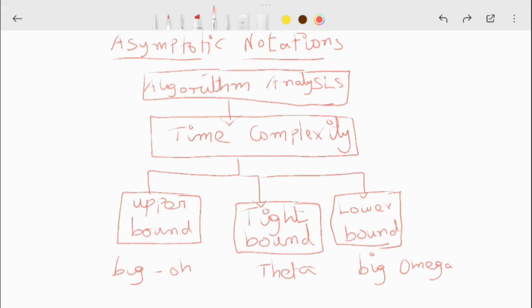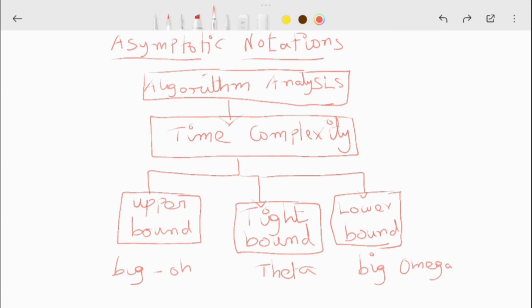And the tight bound, we can take as the average case. But theoretically, we cannot say the upper bound is exactly the worst case, the lower bound exactly the best case, and the tight bound exactly the average case. It purely depends on the context of the algorithm as well as the context of the input.